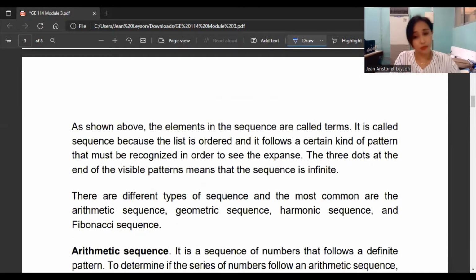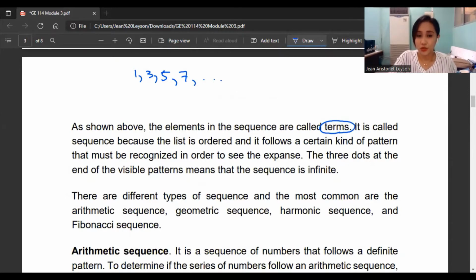As shown above, let me write that down again. 1, 3, 5, 7, and so on. The elements in the sequence are called terms. Again, each one of these numbers is called a term.